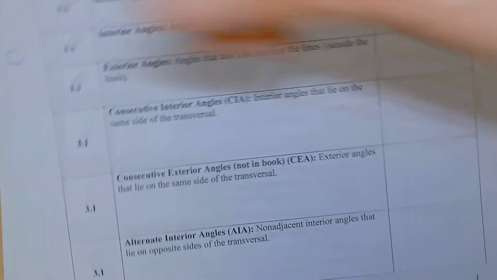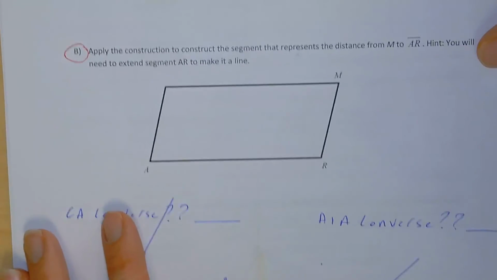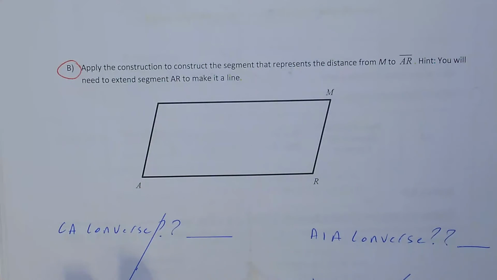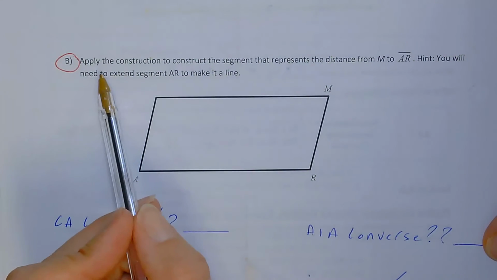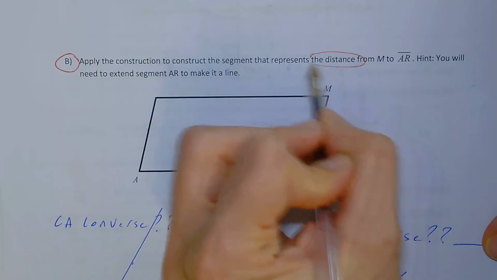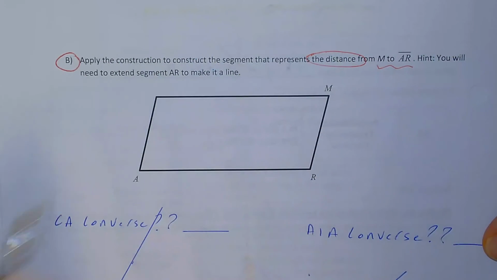Okay, so we're going to flip that over to the back, and we are going to apply that idea. We're going to skip A because you're going to try A in a second, and we're going to apply that idea to B, all right? B is the harder one. So it says apply the construction to construct the segment that represents the distance, which means shortest distance, from M to AR.